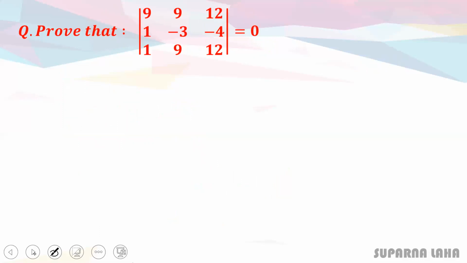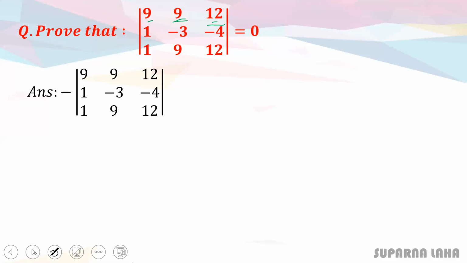This order 3 determinant is given. You need to show that this value is 0. Now look at this determinant, 9, 9, 12. So I can write down this row as 3 into 3, 3 into 3 and 3 into 4. So k into all these elements. So firstly write down the question and take common this 3 from this first row.